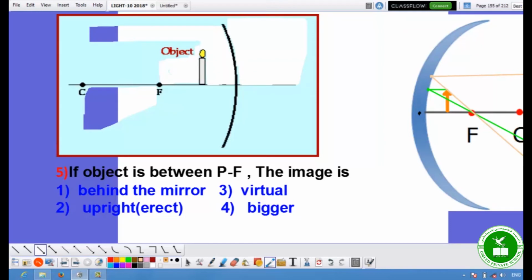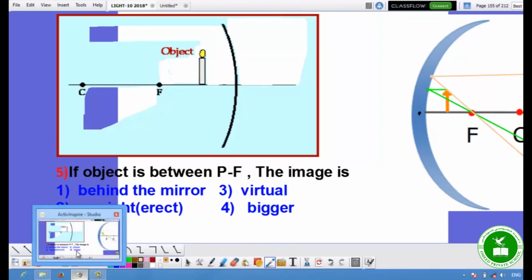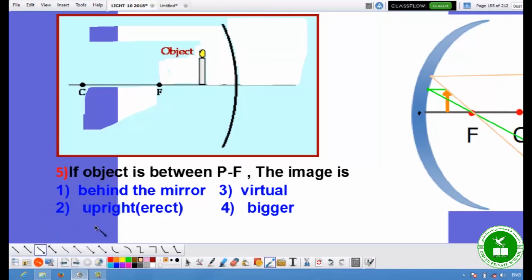And what should we do for image formation? For image formation, we should extend these rays. How do we extend? You see, this is one reflected ray, so we extend it behind the mirror. This way we extend it. Extend means we just draw some imaginary rays.